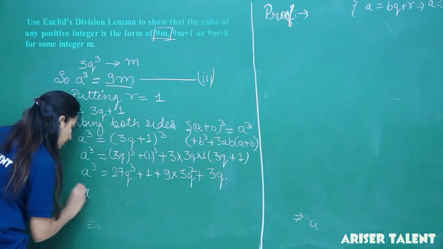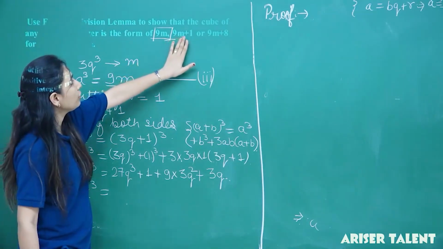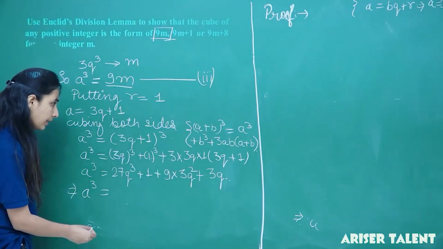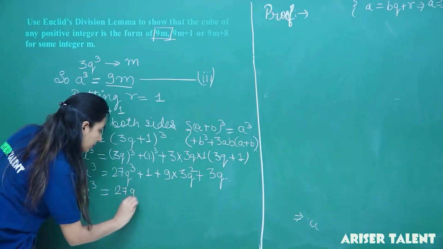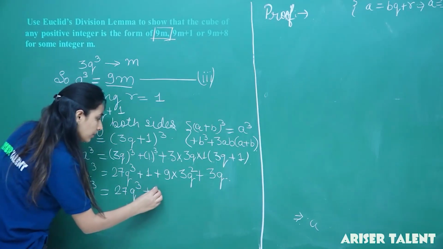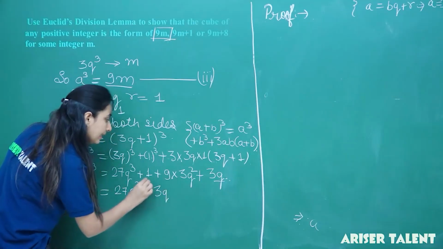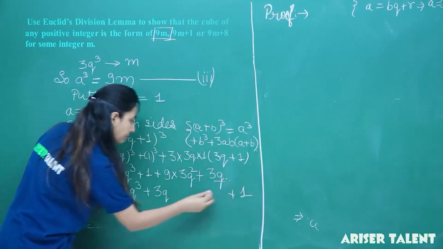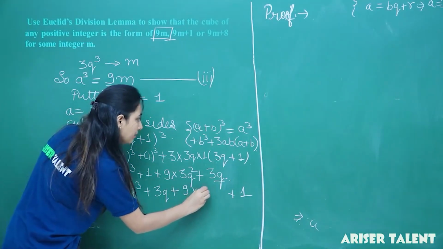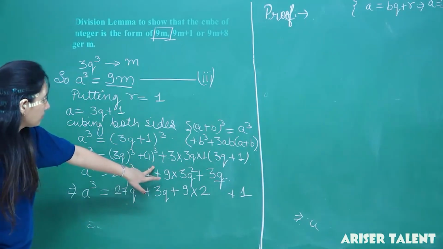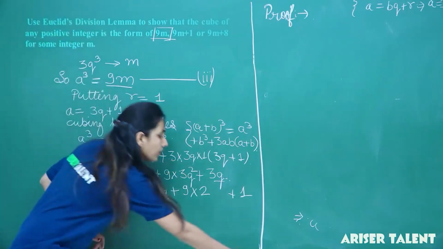Now again we can simplify it. We have to put it in the form of 3m plus 1. Okay. So 27q cube, I am taking this 3q here and sending this plus 1 here. Plus 9 multiplied by, okay, we have done this thing wrong here.